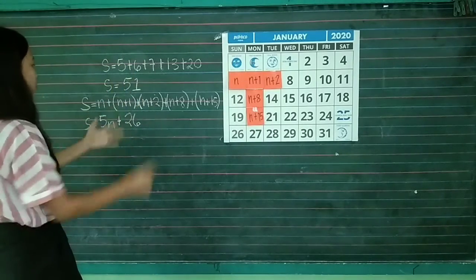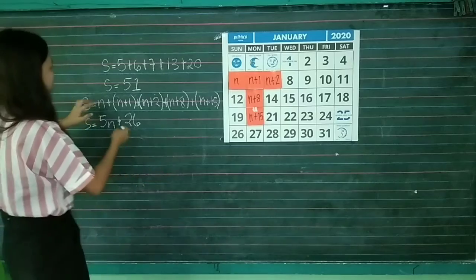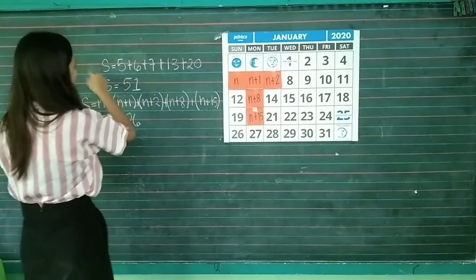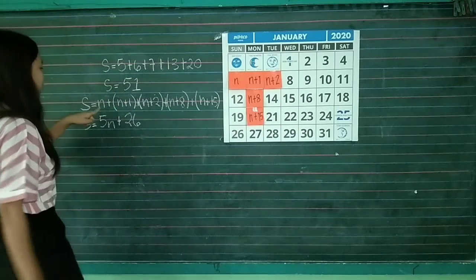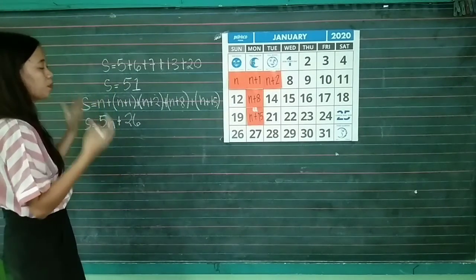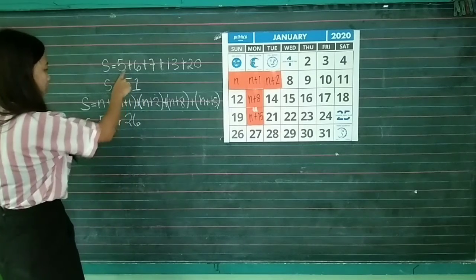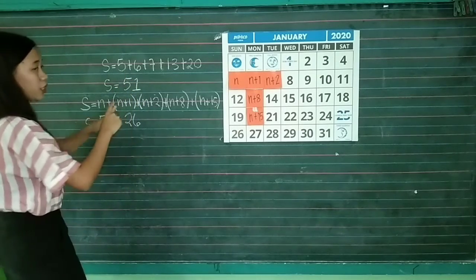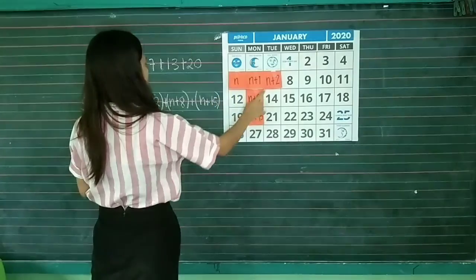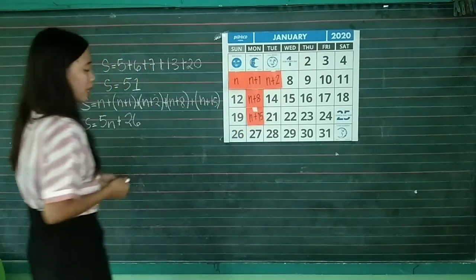So as you can see, here in the first, we have n. Our n is the smallest number, which is 5. We substitute the value of n in n plus 1, n plus 2, n plus 8, and n plus 15.